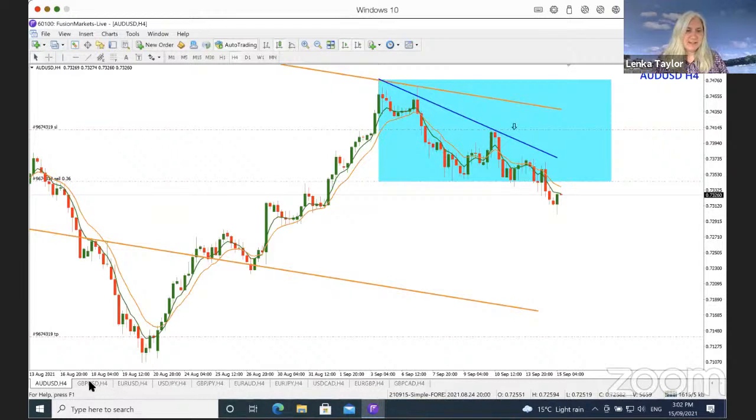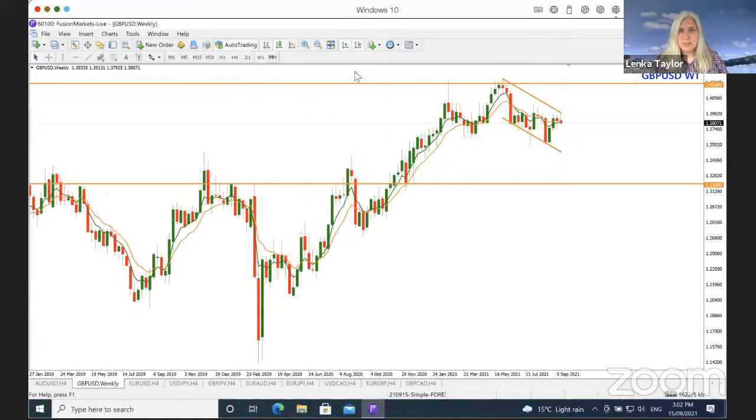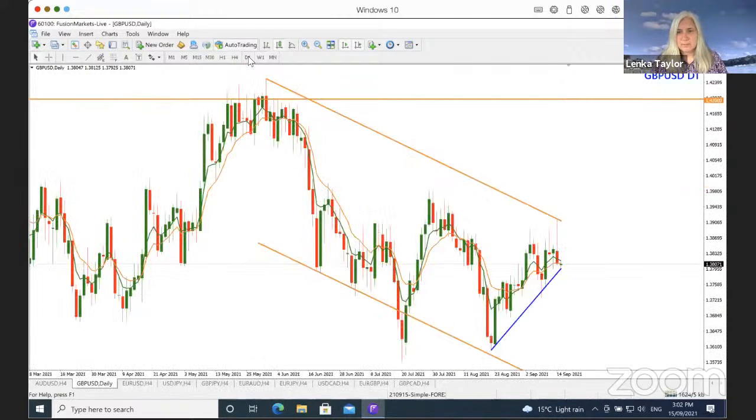All right, let's have a look. The next currency pair I'm looking at is GBPUSD, and I'm looking for a short. On the weekly, looking at that sort of trend going downwards. Daily, tried and tested those sort of levels up here.